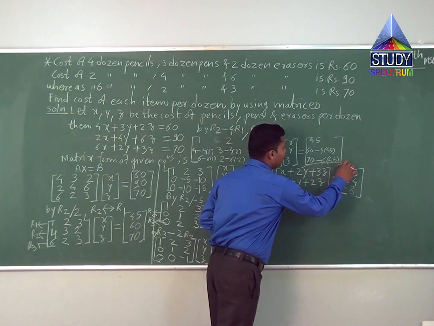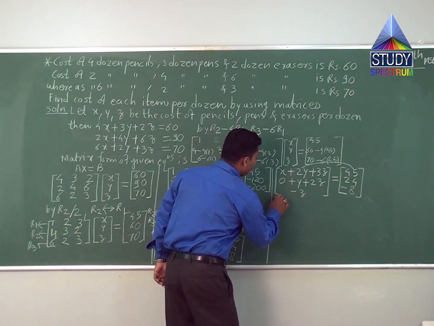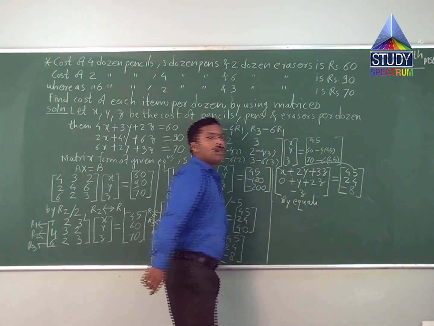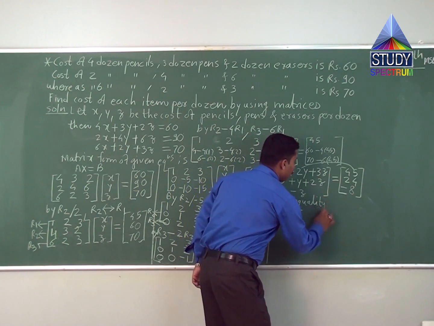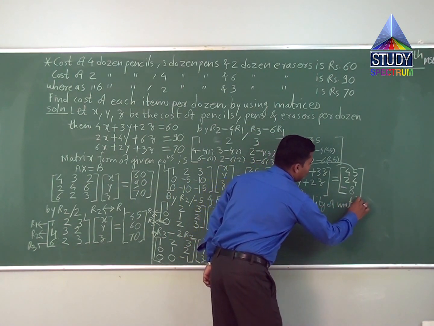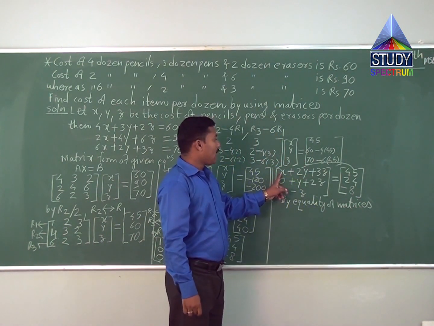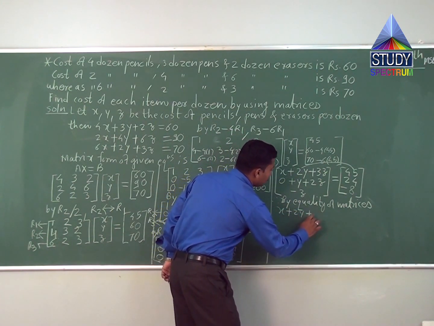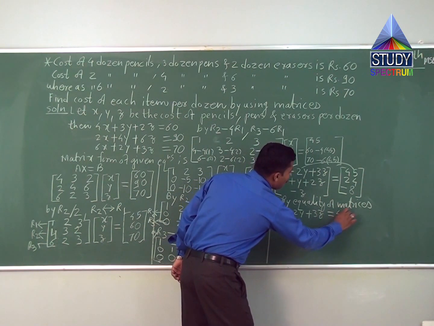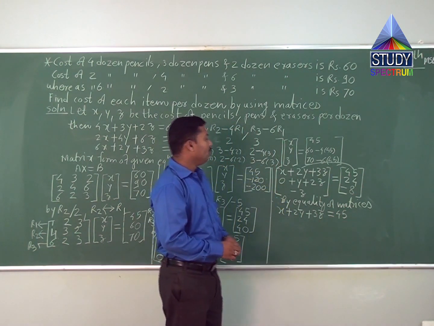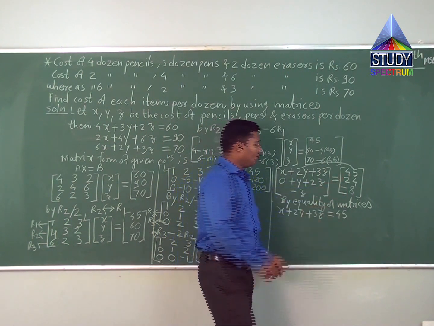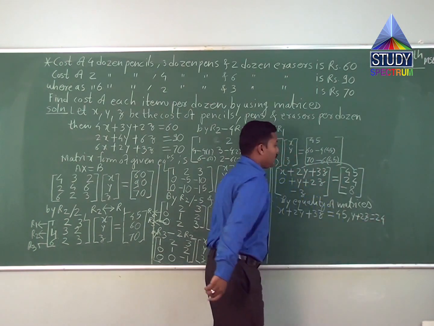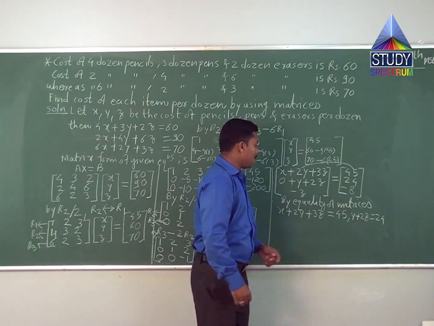Therefore, by equality of matrices, x plus 2y plus 3z equals 45, y plus 2z equals 24, and lastly minus z equals minus 8.